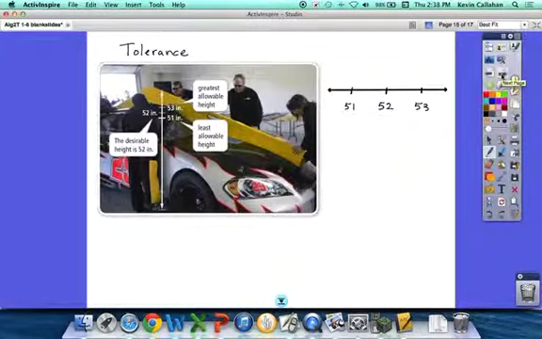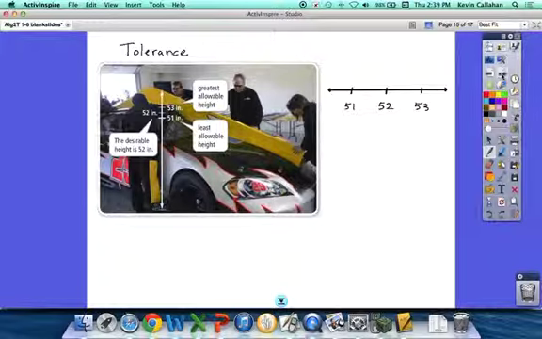Okay, last thing. This is taken from a book, the picture in your book, which is right here. It says in car racing, a car must meet specific dimensions to enter a race. The officials use a template to ensure that these specifications are met.